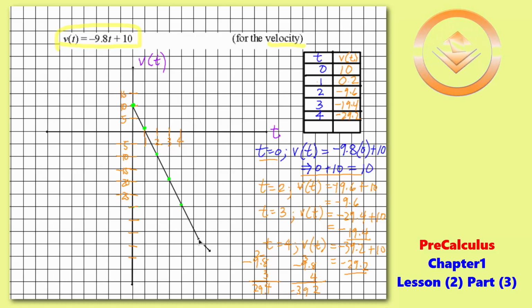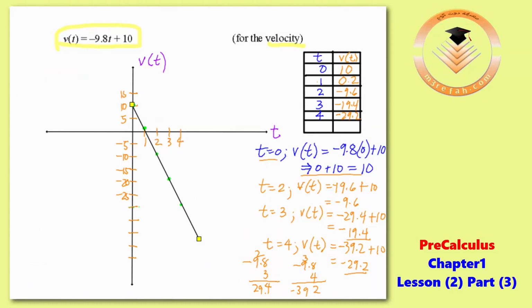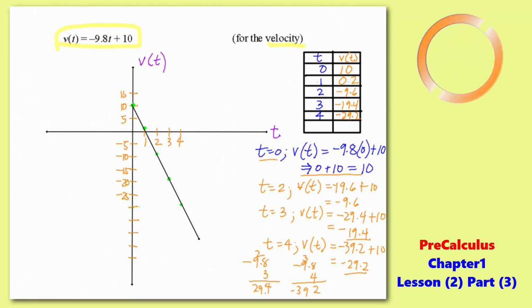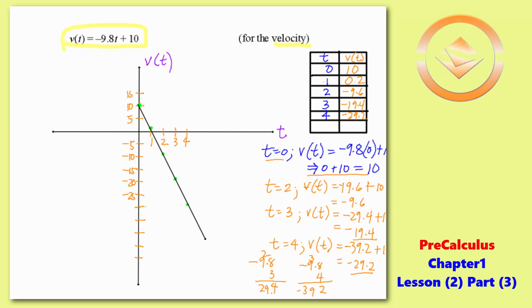As you notice, this is going downwards, in a direction which is negative for y and positive for x, or in this case positive for t and negative for our v of t.